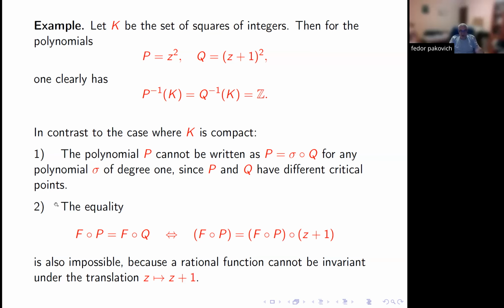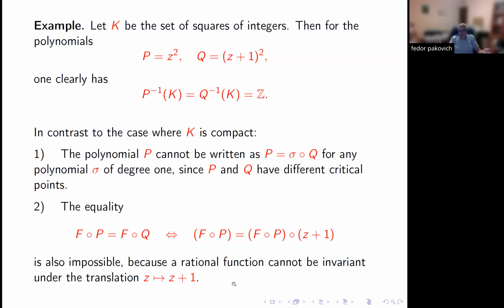But also, as you remember, the result of Belaish, you can see that this condition is also impossible, obviously. Why? Because as you see, Q is just a shift of P. Therefore, if it held, we would obtain some rational function like that, which is just invariant under the translation.